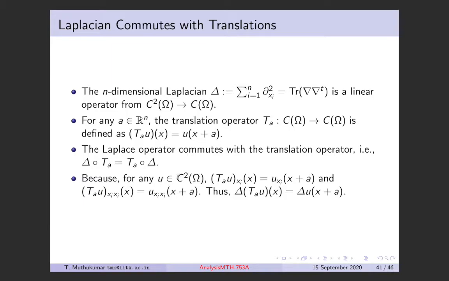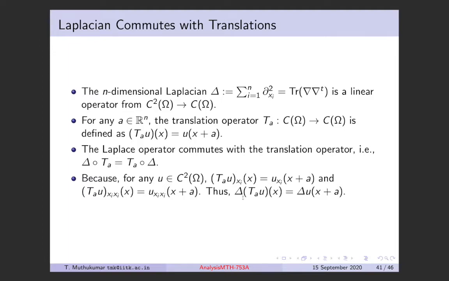So if you take a C2 function, u in C2, then the xth partial derivative of T_a u is the xth partial derivative of u at x plus a. Right? This is just by the usual chain rule. Similarly, the second order derivative is the second order derivative of u at x plus a.